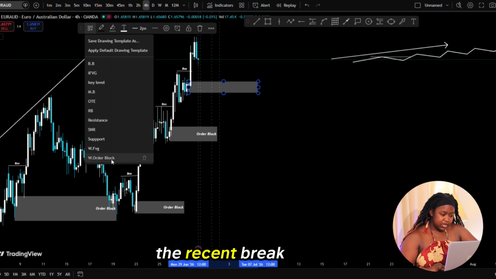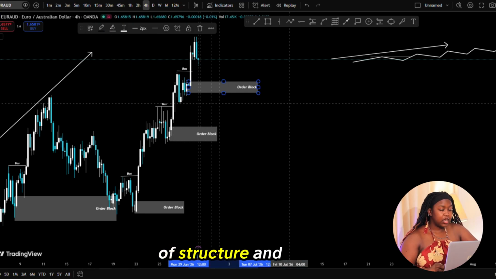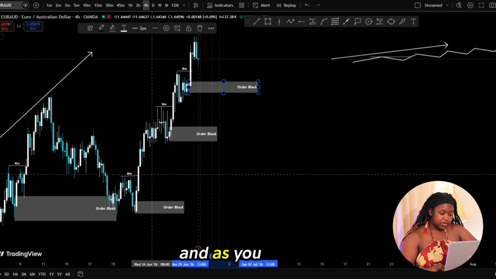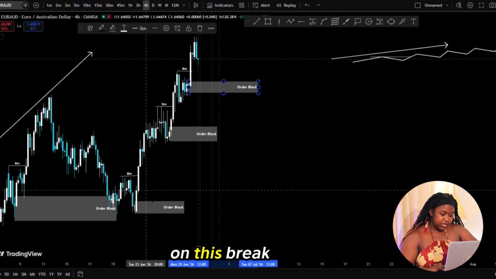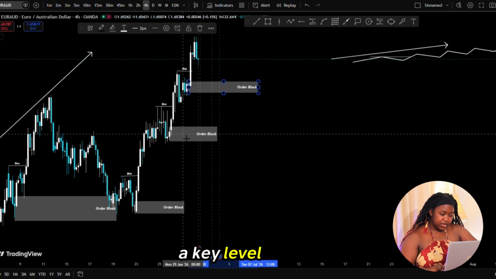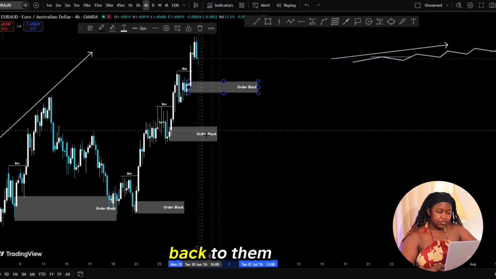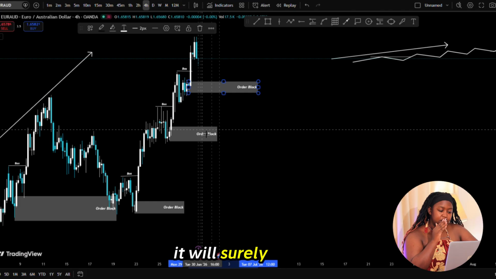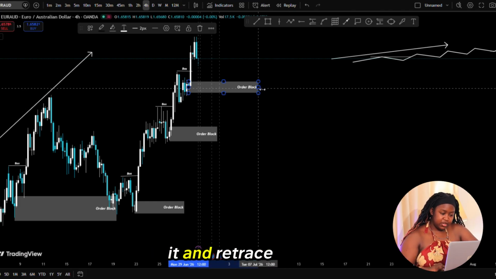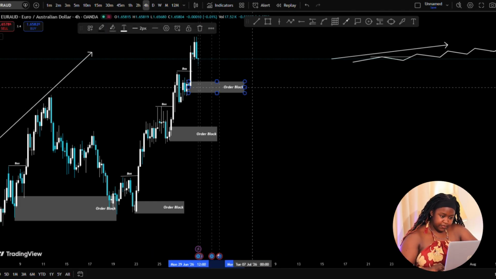So this is the recent break of structure and a key level, and as you can see guys, on these break of structures and a key level down here, there was no retracement or pullback to them, but as price moves it will surely return and retrace back.